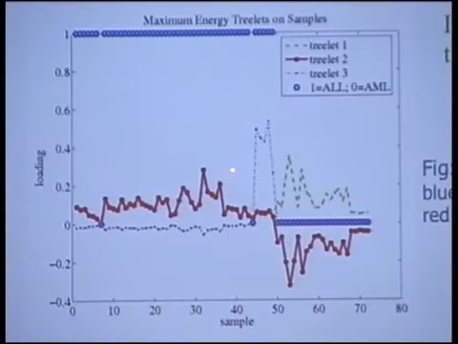And this red curve here shows you the second coarsest treelet function. And what you see here is that the loadings track the correct labels pretty well. And in this case, there's only 1 or 2 samples that are mislabeled, 2 patients that are mislabeled. And that happens at the points where the loadings are small.